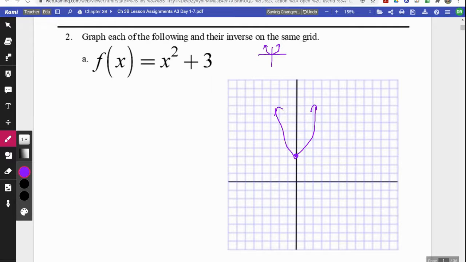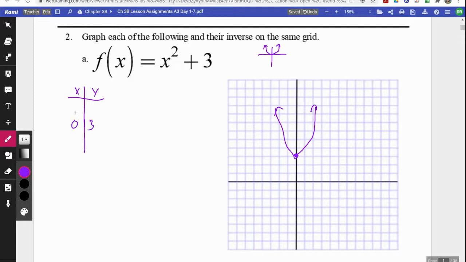The reason it's helpful to know what the graph's going to look like is because if we make a t-chart of just x and y ordered pairs, we would want to know which x values to use for our original function, just to see which points are what. So we see that the vertex is at (0, 3).